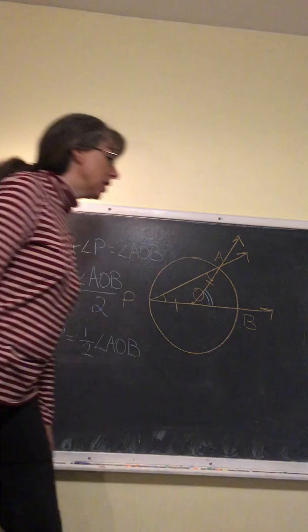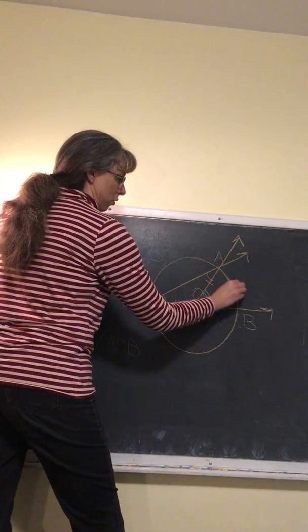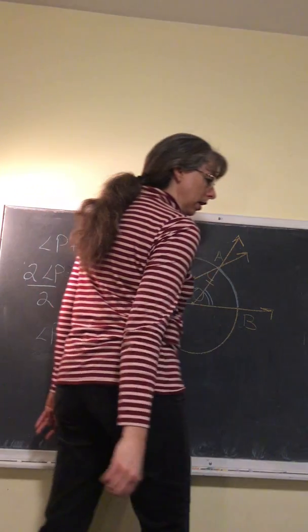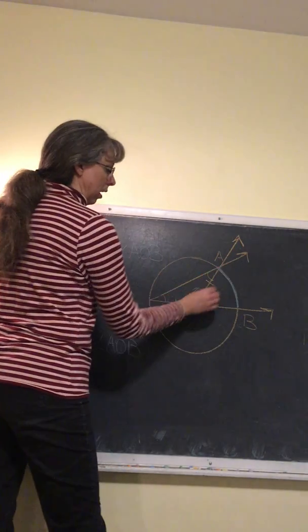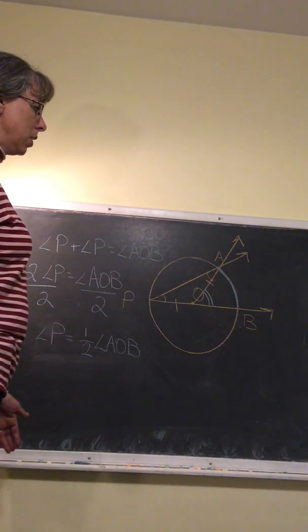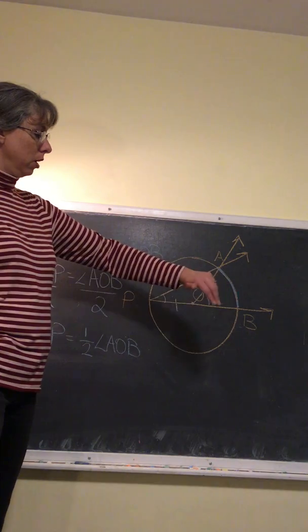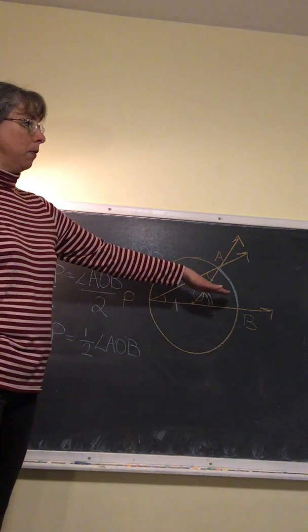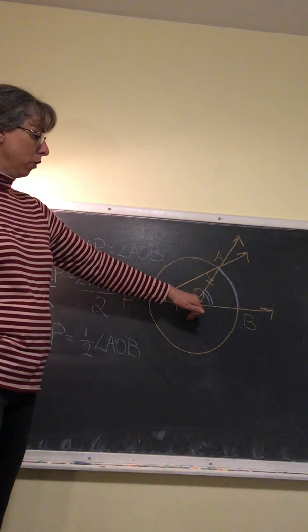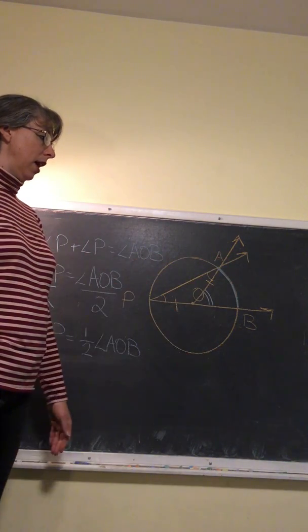And then number 12, the measure of arc AB equals angle AOB. Why is that? Well, that is back from lesson 3, that the measure of the central angle of a circle is the degree measure of that arc.